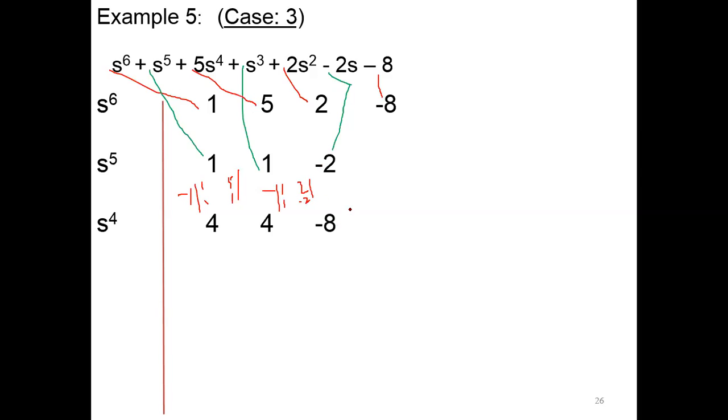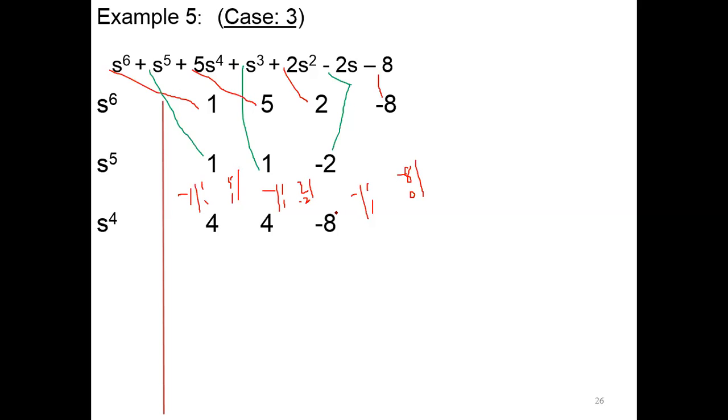For this we have minus, first column same, and we will write minus 8 and 0. So we get 4, minus 2, minus 2, minus 4 multiplied with minus gives us 4, and again minus 8.